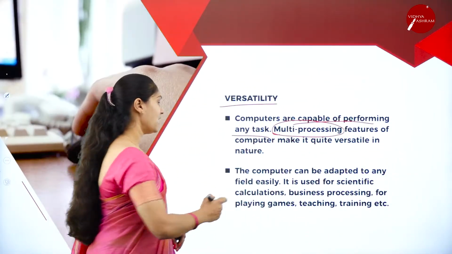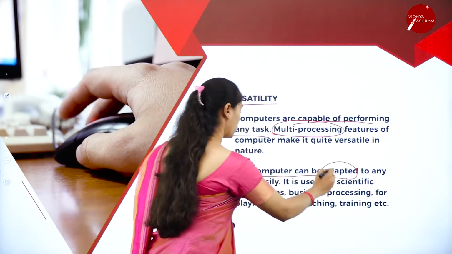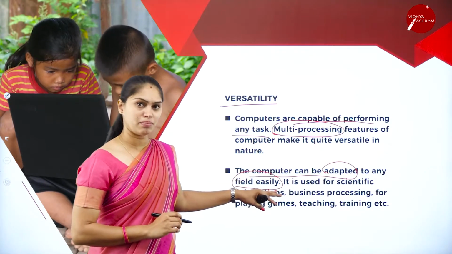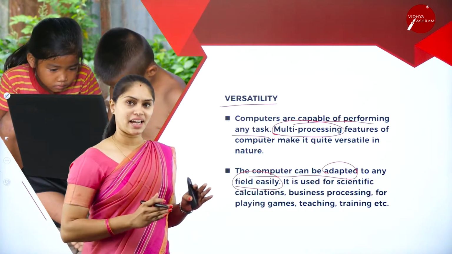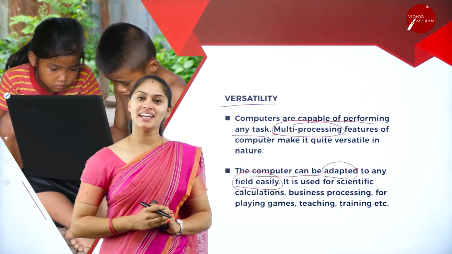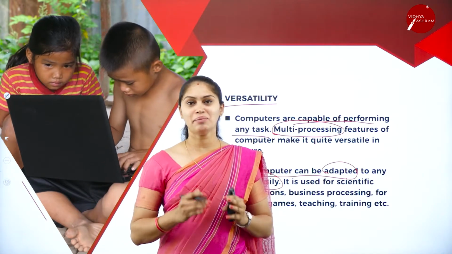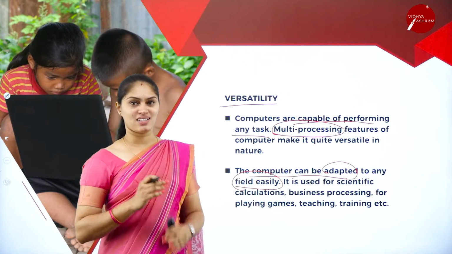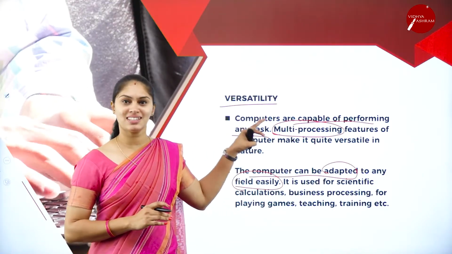That is what they mean. Computers can be adapted to any field easily. It is used for scientific purposes and to play games. If I give any task to the computer system, it gets adapted to that particular type of task. That made the computer system versatile in nature.